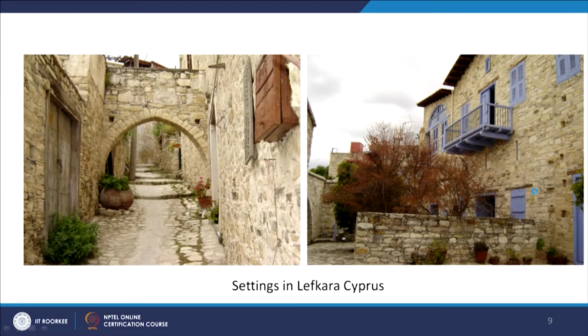I'll give you a little bit of examples from other parts of the world. This image is from Lefkara in Cyprus, where we were involved in a project a decade ago. You can see that because of the local Greek civilization, they still maintained even the pathways, everything in the same pattern, and the pottery aspects. Even today they are maintaining all these aspects.